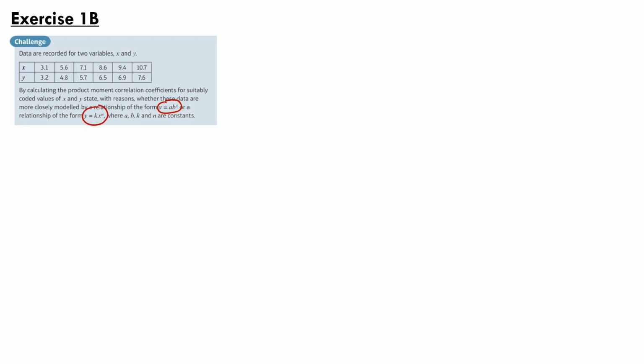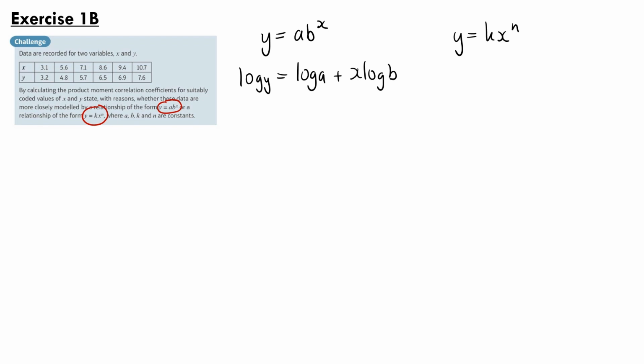So again, for both of these, we can do a similar thing as we did for the first question. We can take the logs of both sides. So log of y is equal to, using the log rules again, log of a plus x log of b. And on this right-hand side, we've got log of y once again is equal to log of k plus n log of x.